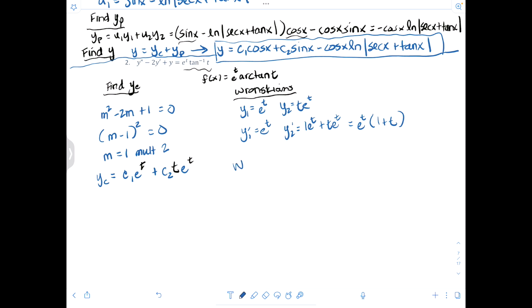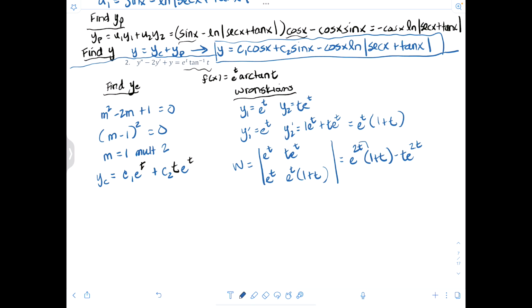So our w will be the determinant of e to the t, te to the t, e to the t, and e to the t times 1 plus t, which will equal e to the t times e to the t is e to the 2t, and we'll have 1 plus t as a factor, minus te to the 2t.